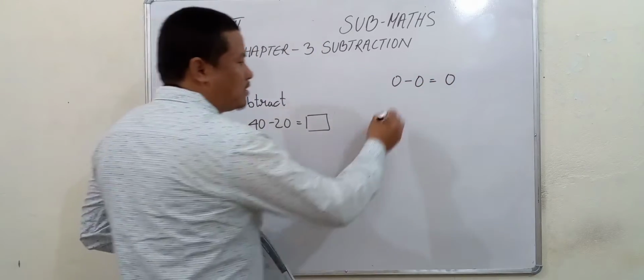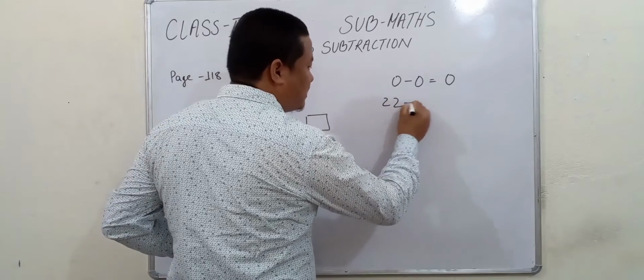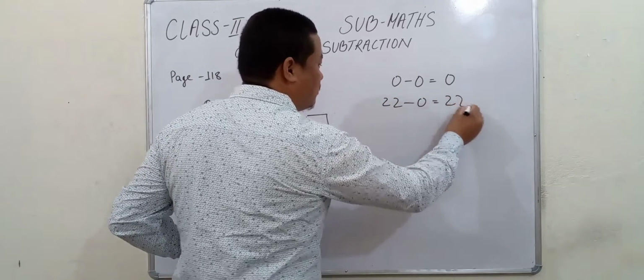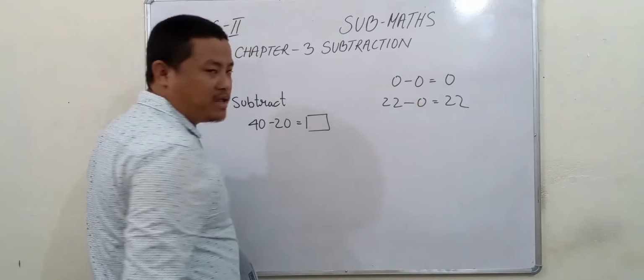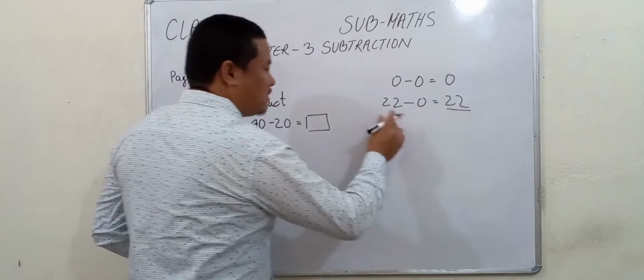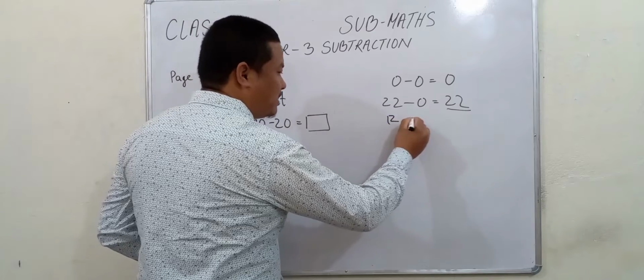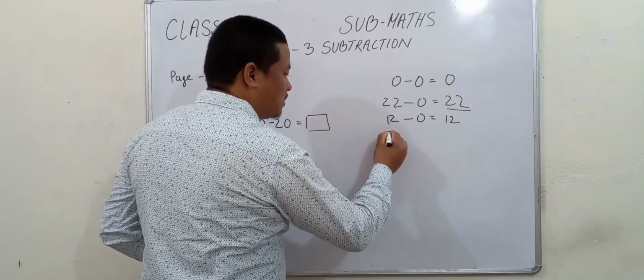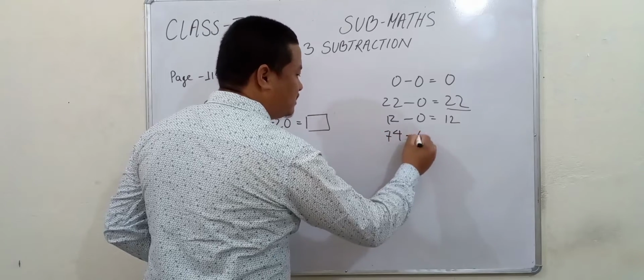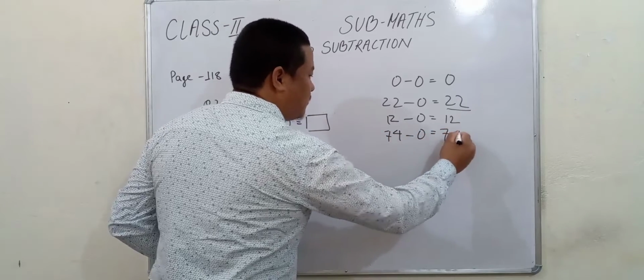22 minus 0 will get 22. Any number subtracted by 0 will get the same number. 12 minus 0 will get 12. 74 minus 0 will get 74.